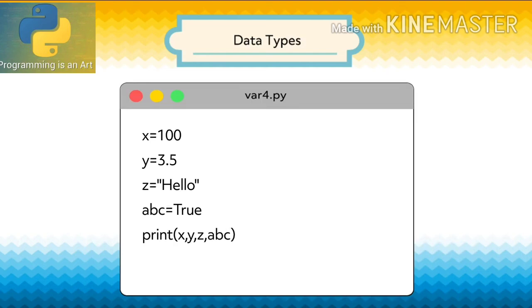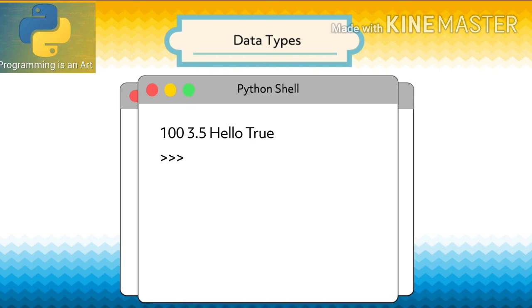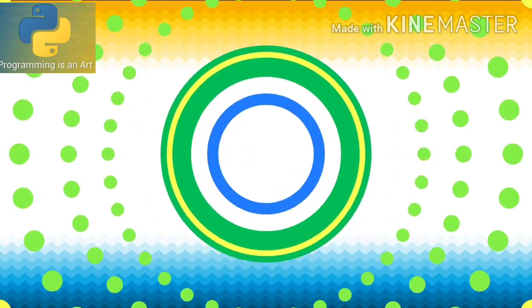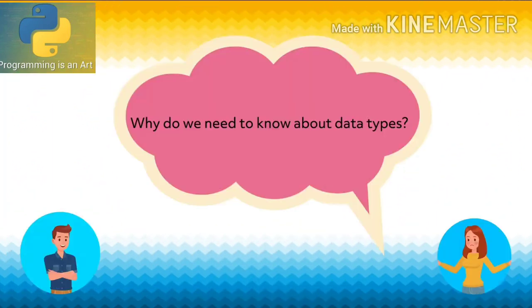Here, just see, I can give the values in different ways. See what the output of this is. The first is an integer, the second is a float, the third is a string, and the fourth one is a boolean value. Clear? I think you can understand data types properly.